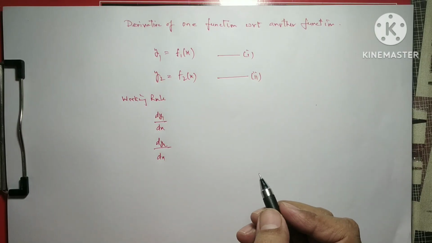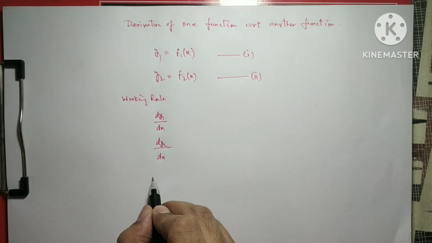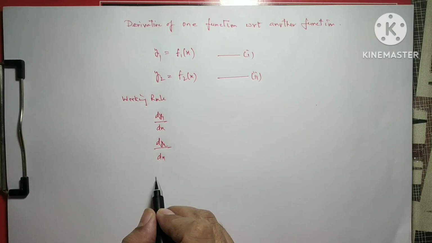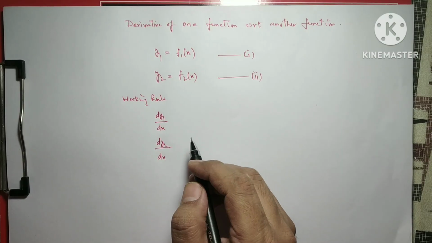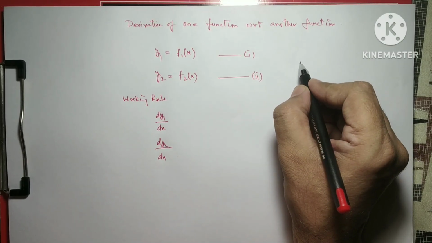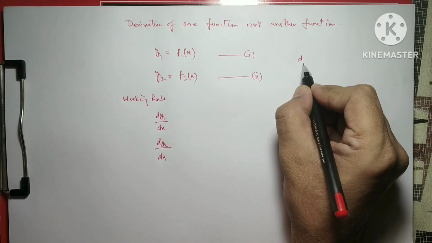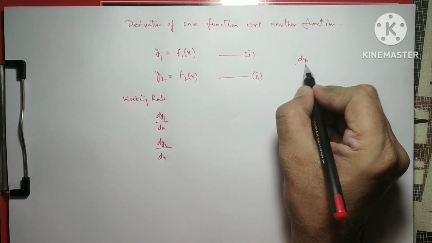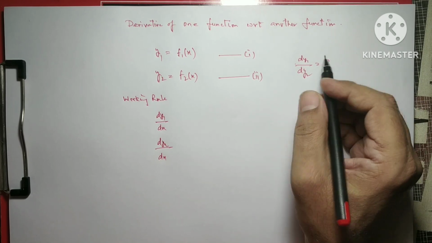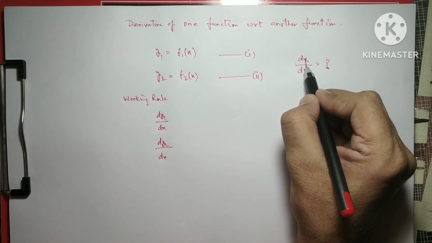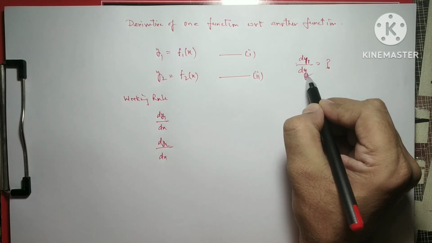But the requirement is derivative of first function, means y1, with respect to second function, means exactly the focus on dy1 over dy2. ठीक है, means differentiation of y1 with respect to y2.